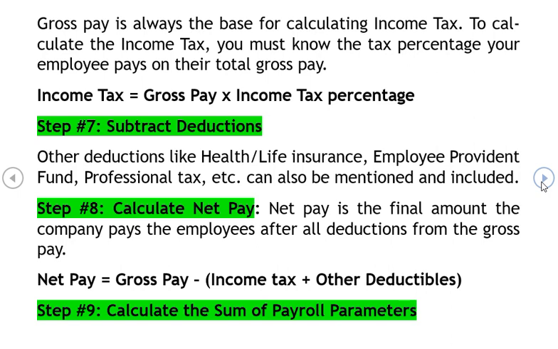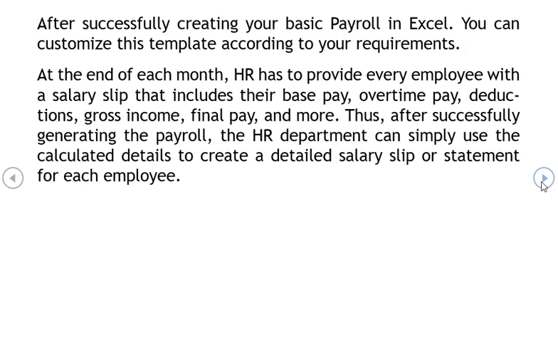In other words, you can call it the in-hand salary. And of course, this is the amount after all deductions are considered from the gross salary. So to calculate the net pay, you simply get your gross pay minus the summation of income tax and other deductibles. After calculating the net pay, then you'll have to calculate the sum of the payroll parameters.